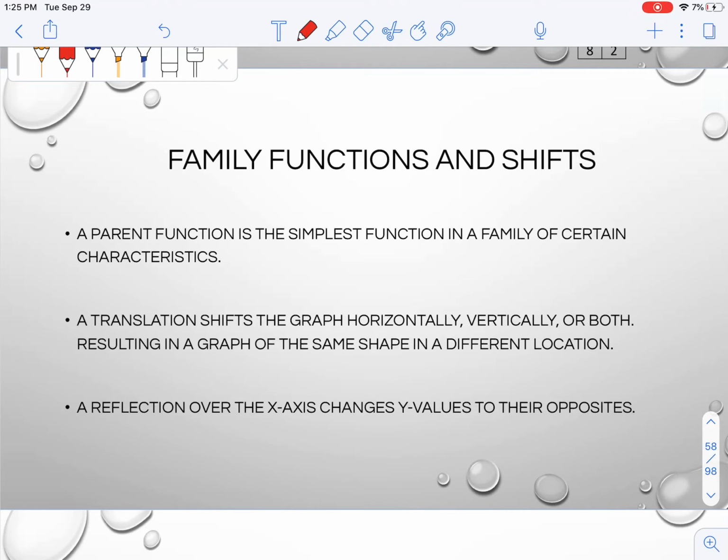We also, in terms of trig, would have seen period changes, which were horizontal stretches or compressions, which are stretching or compressing something in a horizontal direction as well. You're going to see some shifts in the left, right, up, and down directions. We're also going to see reflections where something maybe flips over the x-axis, or also possibly horizontally over the y-axis as well. Okay.